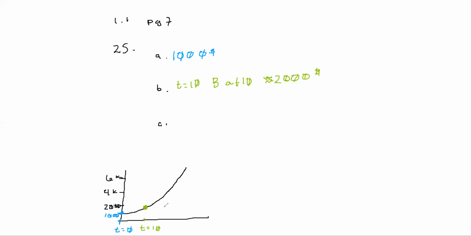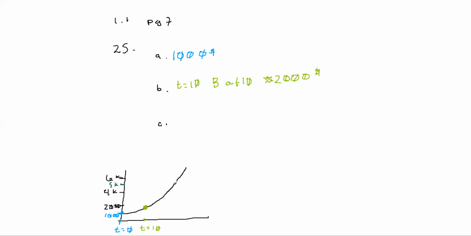Thoughts? Okay, yeah, I would say closer to 21, but what you're going to start with doing is finding where $5,000 is.